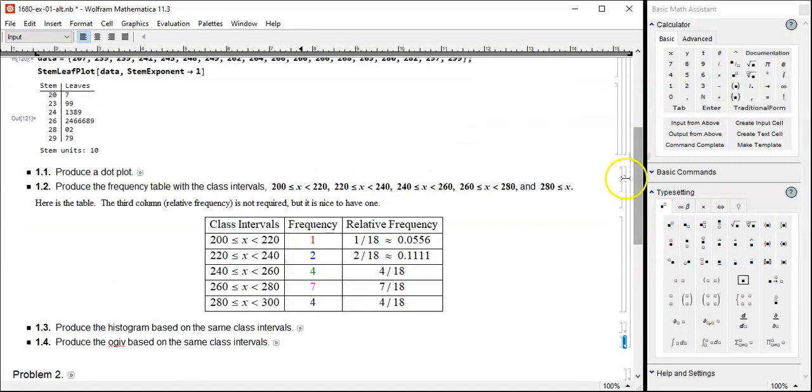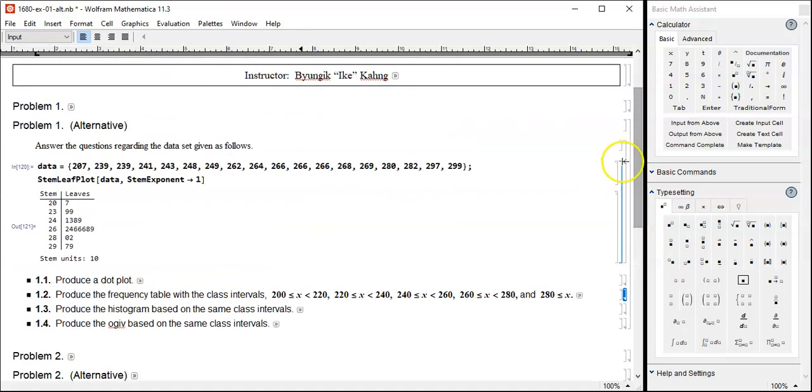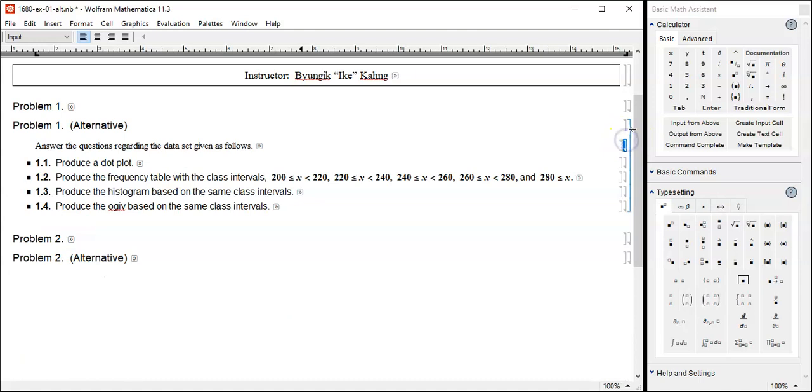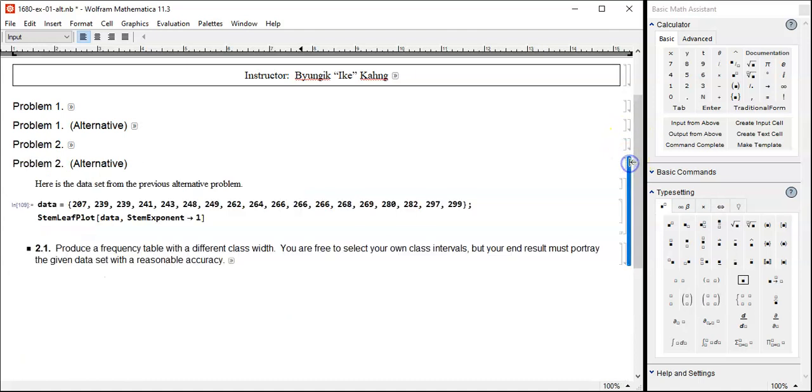Now let's go over to problem 2. Problem 2 is basically a repetition of similar things, except that you're asked to figure out your own class interval. What do I mean by your own class interval?